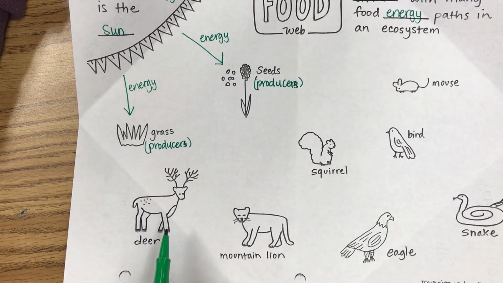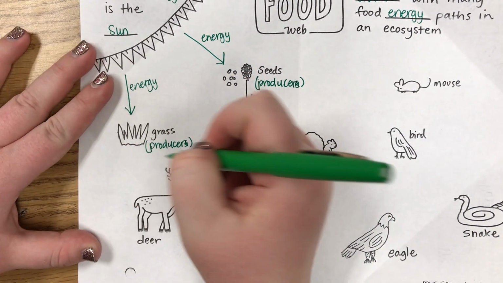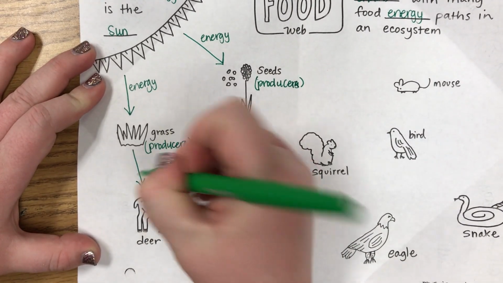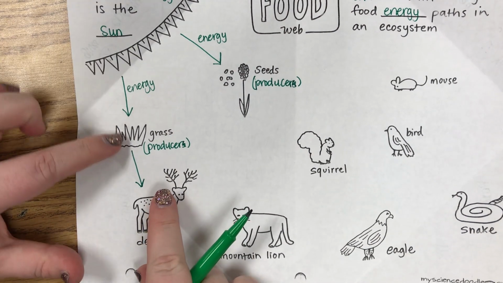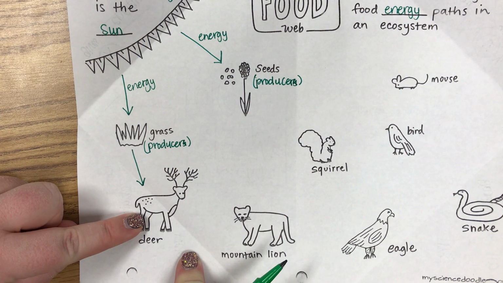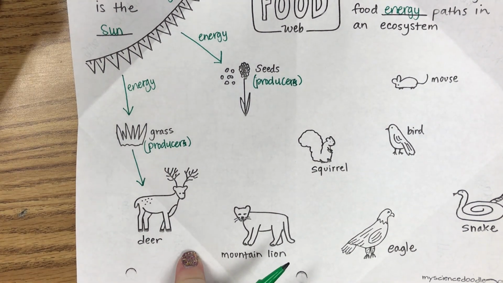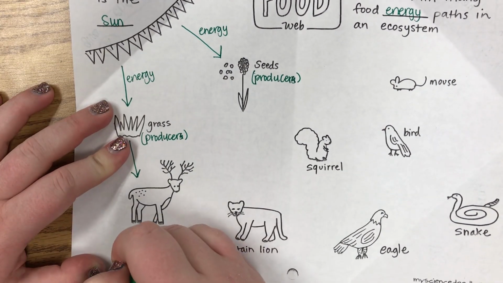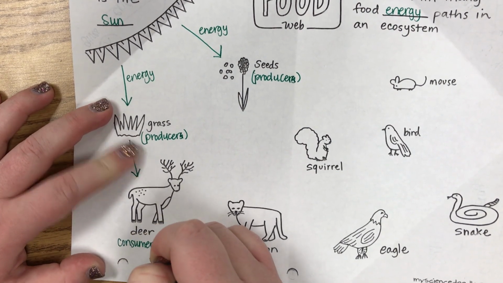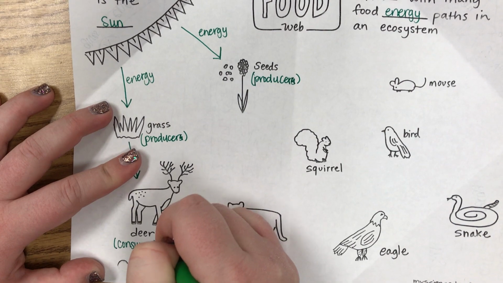And then the deer is going to eat the grass, and whenever something is eating something else, the arrow points to whatever is doing the eating. So the deer gets energy from the grass. Grass is giving energy to the deer, meaning the deer eats that grass, and it is a consumer. And a herbivore.